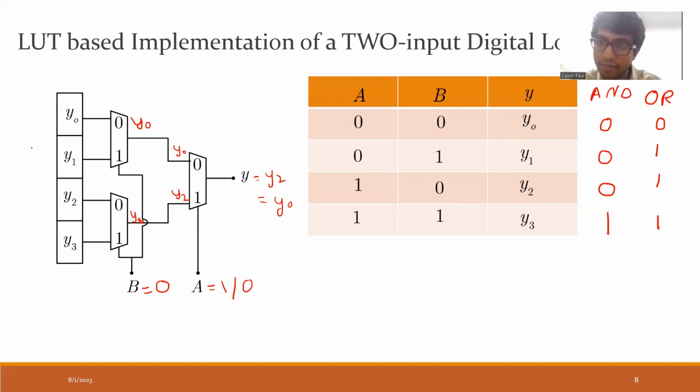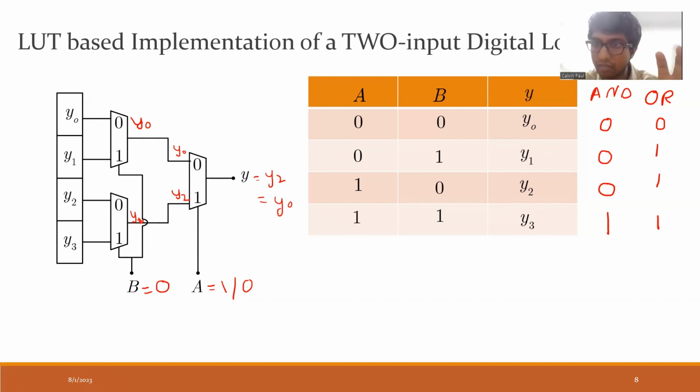So if I set those as the bits in those SRAM cells, then I can implement an OR gate using the same hardware. I don't need to change the hardware. I just need to change the values stored in these SRAM cells, and then I can implement another logical function, which was not possible in the previous diagram of an AND gate.